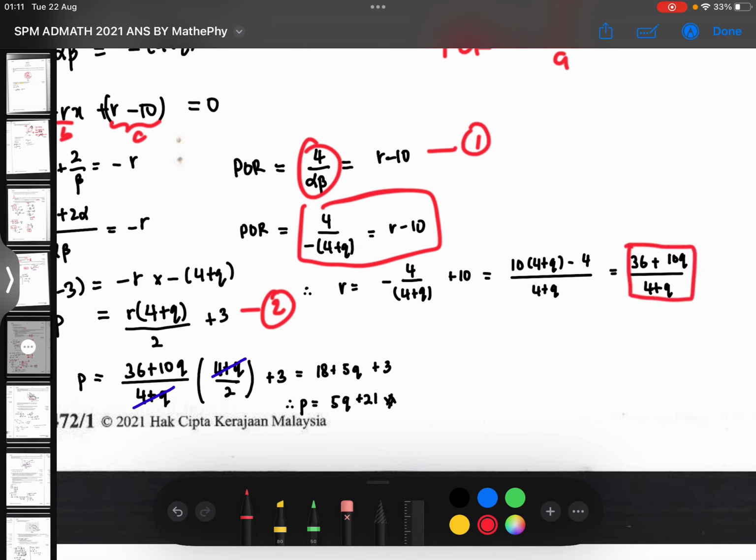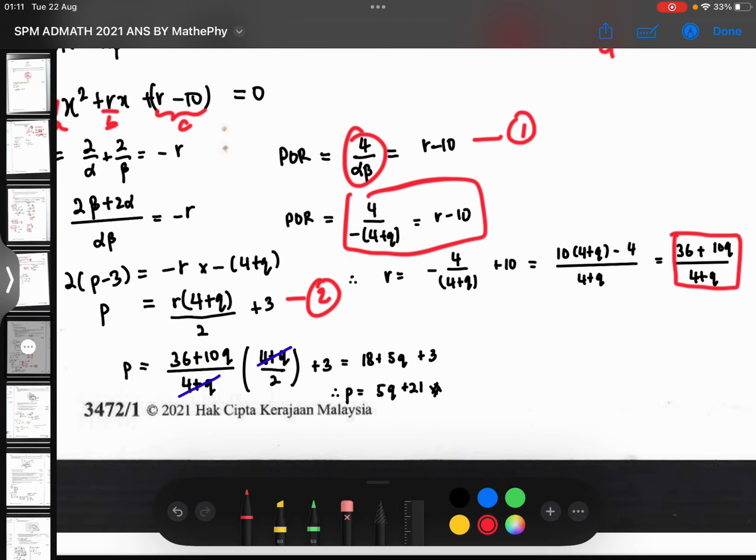So r equals this fraction, then I just substitute into p. So this still has r, right? So I just replace r. This is r, so I just replace it into here. Then I will get the term to be everything in q. Okay, so we have already replaced the r.